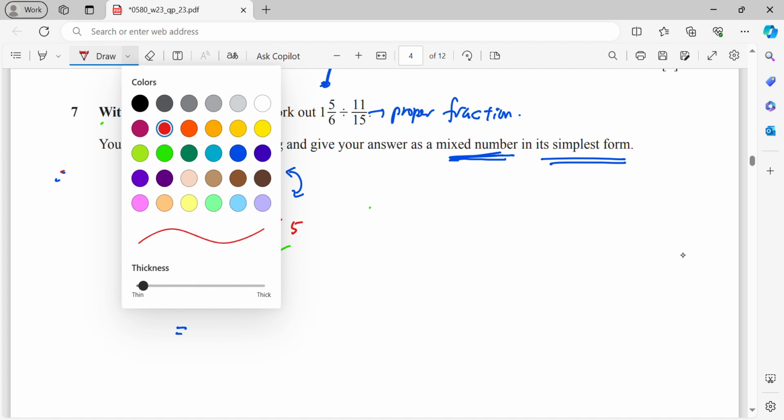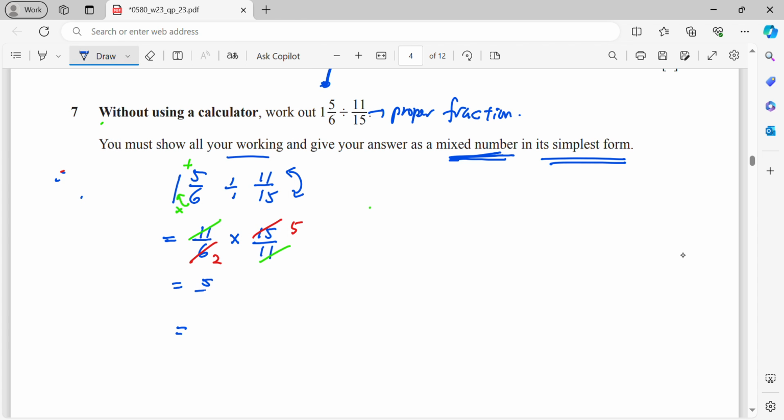So I will be getting 5 over 2. So this 5 over 2 is 2 plus 1 divided by 2. That means you get 2 and a half, which is 2.5. Okay, so this is how we get it for question 7.